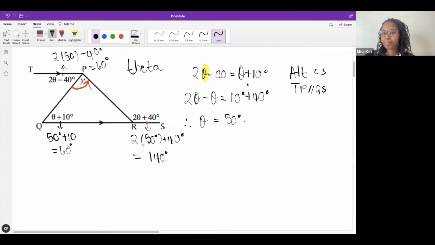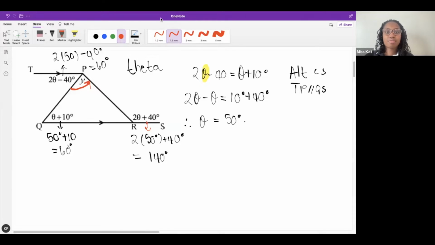Now let's find y. Did someone's hand go up? Yes, Tando? I have a question real quick. I noticed on 2 theta plus 40, you wrote 50. Is that from adding 10 plus 40, or is it from somewhere else?